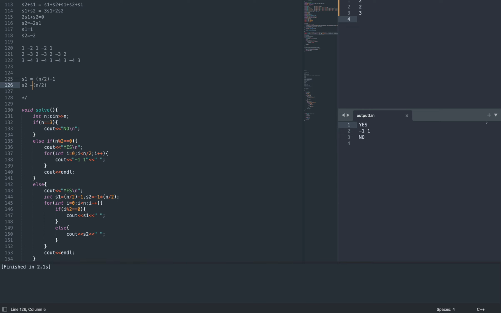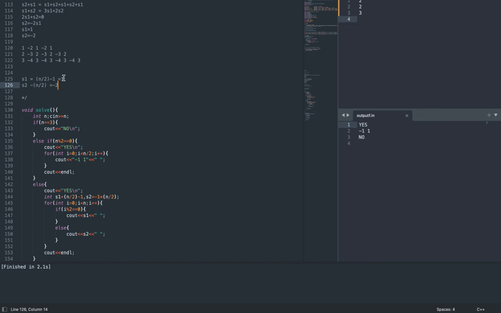You can see here if n is equal to 5 then 5 by 2, that is integer division, so 5 by 2 is 2, 2 minus 1 is 1, then s1 is equal to 1 and s2 is equal to minus 2.